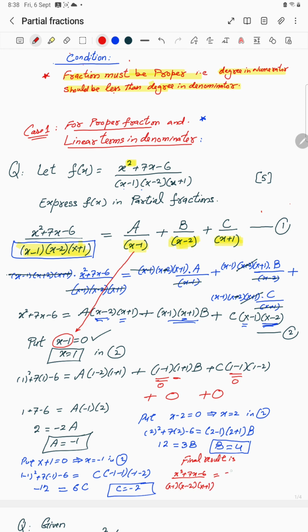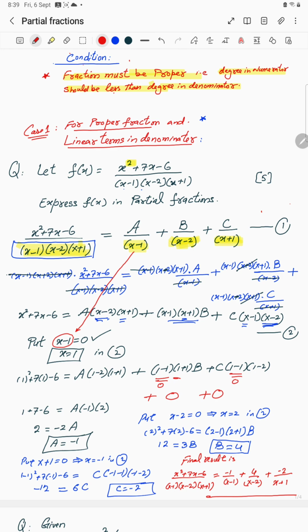A is minus 1, so minus 1 over x minus 1, and B is 4, so plus 4 divided by x minus 2, and C was minus 2 as well, so we get minus 2 over x plus 1. This is the final result, that we have resolved the given fraction into partial fractions.